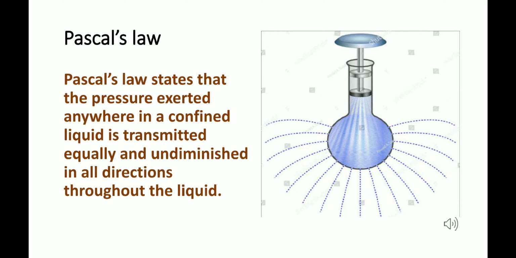So, Pascal's law states that the pressure exerted anywhere in a confined liquid is transmitted equally and undiminished in all directions. So the pressure will be equal and undiminished in all the directions. So it will come out with the same pressure from all the points in all the directions.